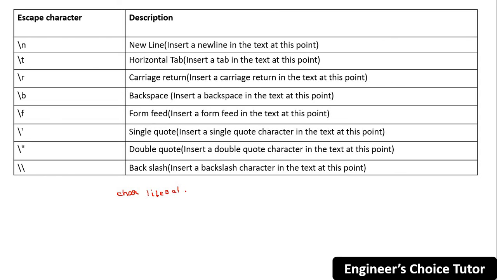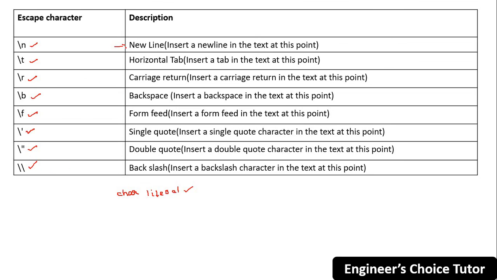For example, we have escape characters like backslash n, backslash t, backslash r, backslash b, backslash f, backslash single quote, backslash double quote, and two backslashes.